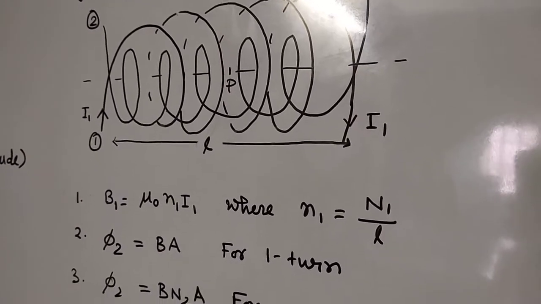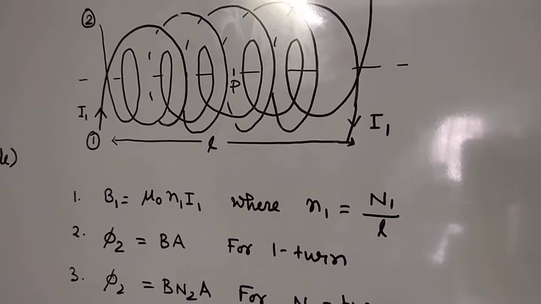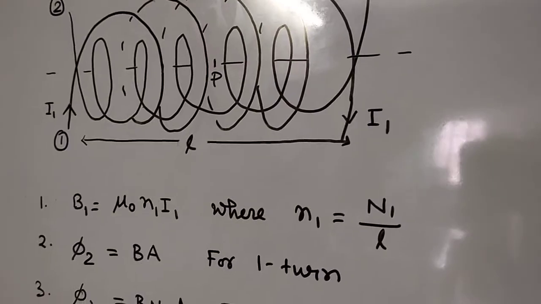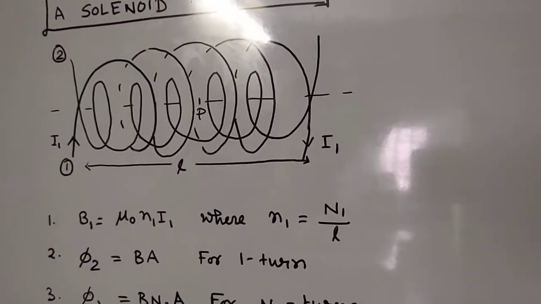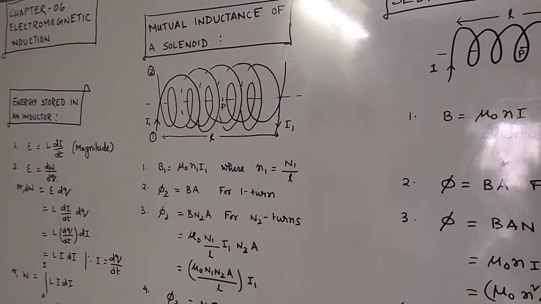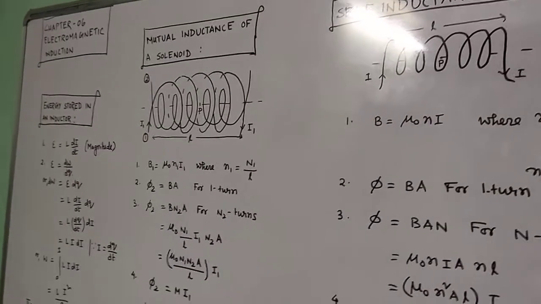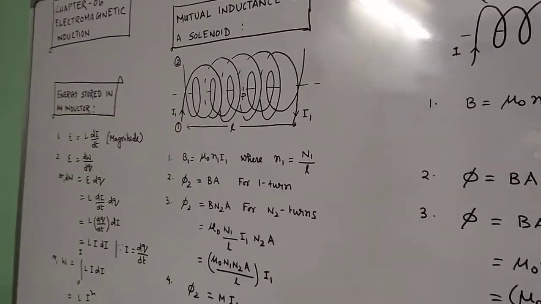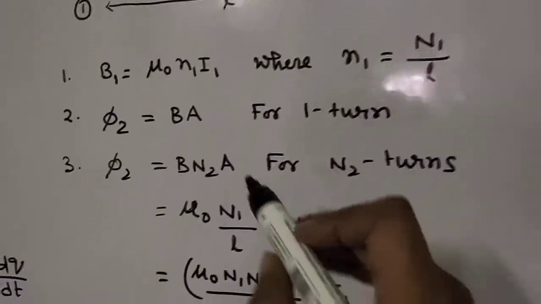So here what we have to do, that is your phi 2, and that magnetic field due to the solenoid 1 is used to define flux due to the solenoid 2, and for that we have to use B1 here. So this should be your B1.